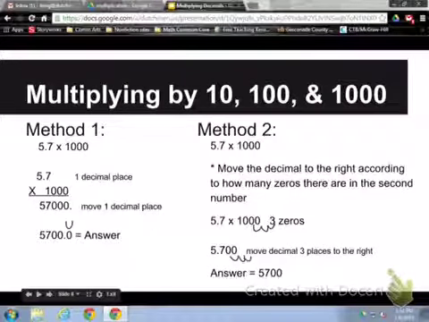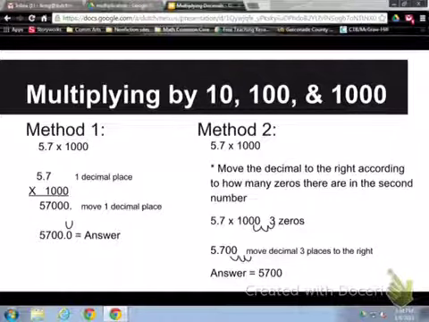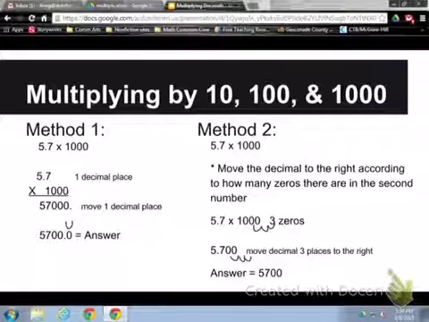Now, it's slightly different when you're multiplying times 10, 100, or 1,000. There are 2 different ways you can do it. The first method is if we had 5 and 7 tenths times 1,000, we would move our 1,000 over to where the ones digit was underneath the 7.